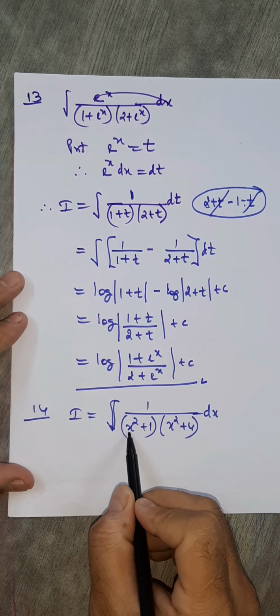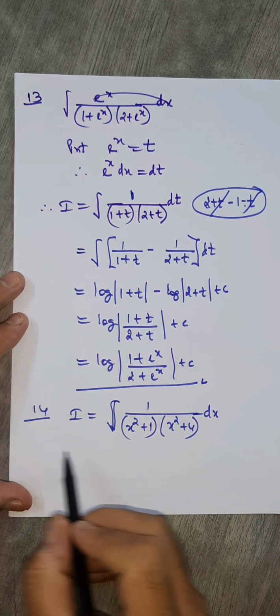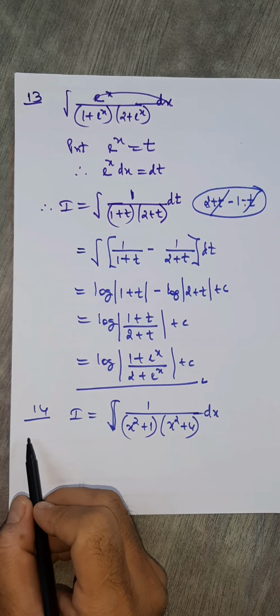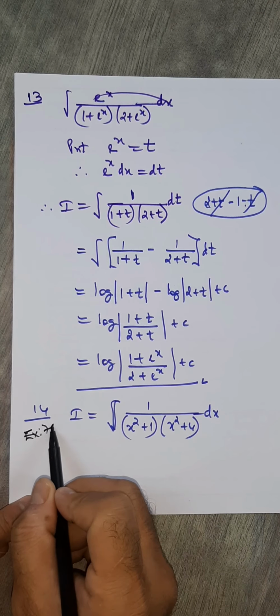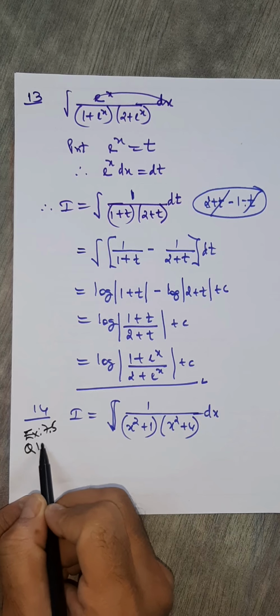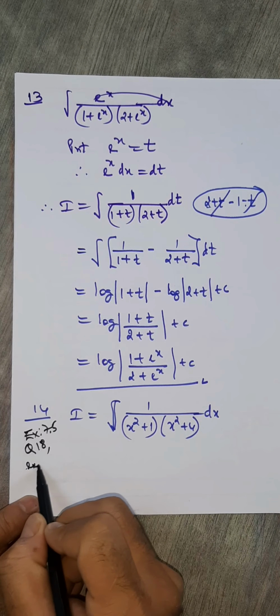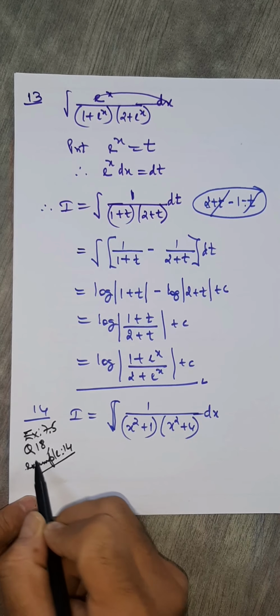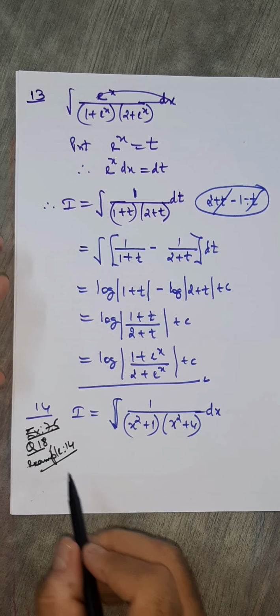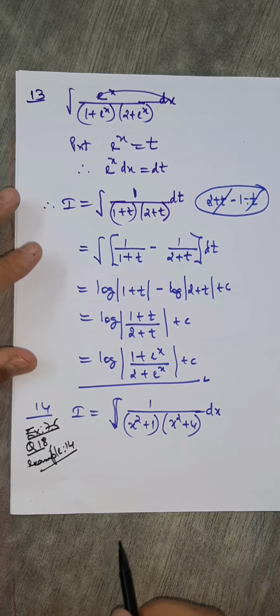Here you have the same powers, x square. You just go back to exercise 7.5, question number 18 and example number 14. You just look at these two, and you will realize we had these two questions earlier in the discussion.